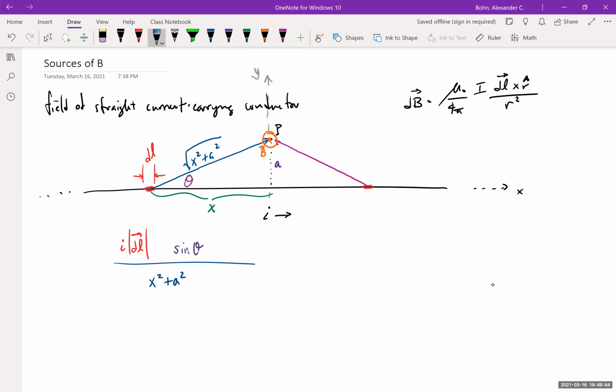But the angle, the sine of the angle between. Now, whether we're on the left-hand side for negative x or the right-hand side for positive x, the sine will be positive because we're either talking about an acute angle or an obtuse angle, the sine of which is positive regardless.